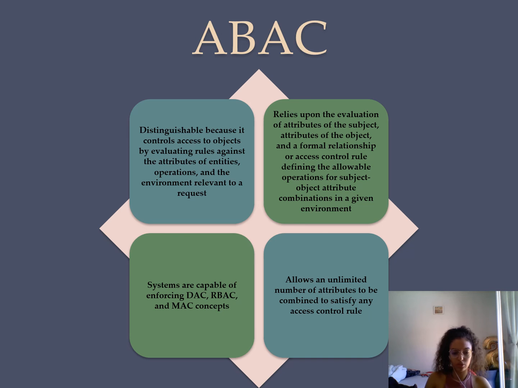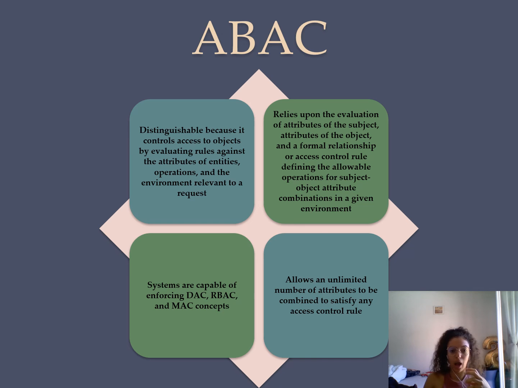So for this access control model, this is distinguishable because it controls access to objects by evaluating rules against the attributes of entities. So we have subjects and objects, operations, and the environment, which in general is relevant to our request.